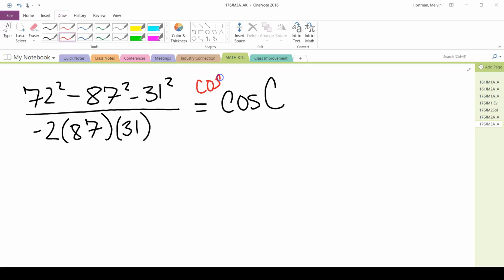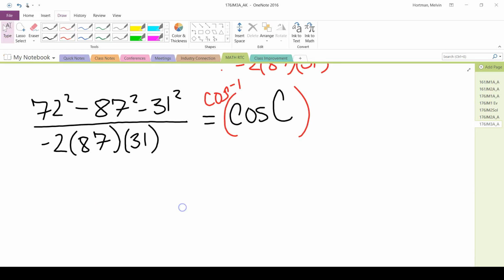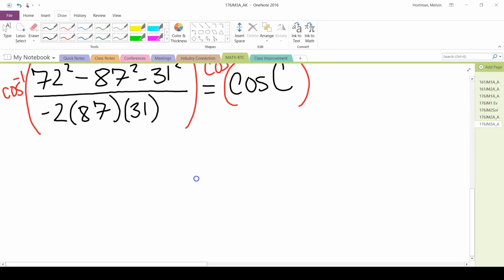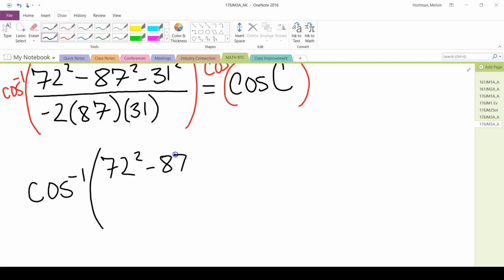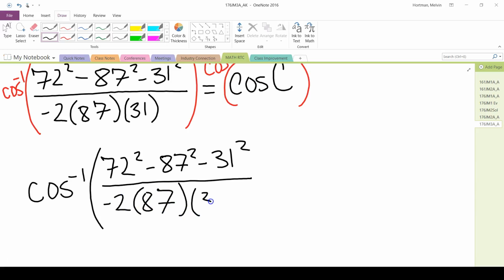So inverse cosine of this whole thing, and we end up with the inverse cosine of 72 squared minus 87 squared minus 31 squared, all divided by negative 2 times 87 times 31, all that equals angle C. So at this point, I'm going to get my calculator out and figure out what this is.